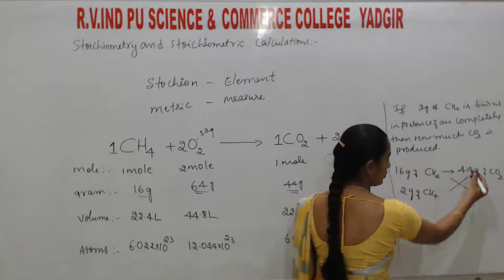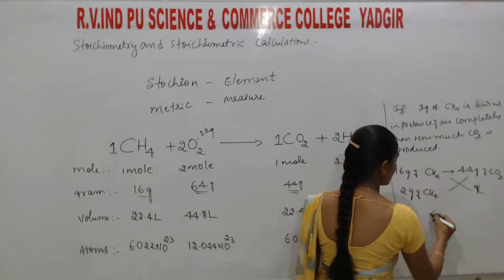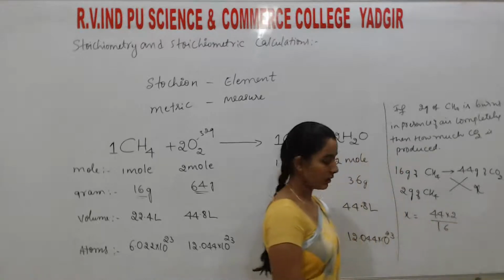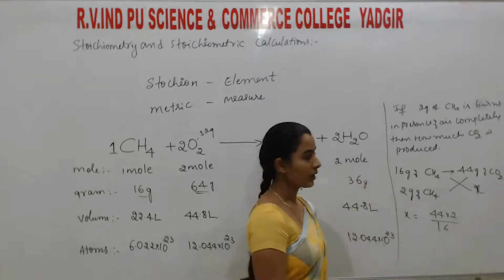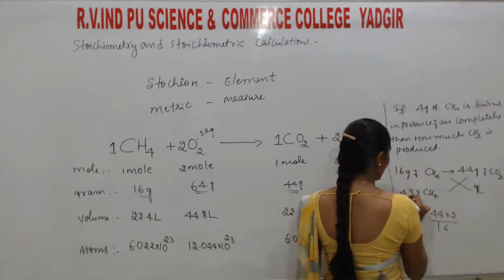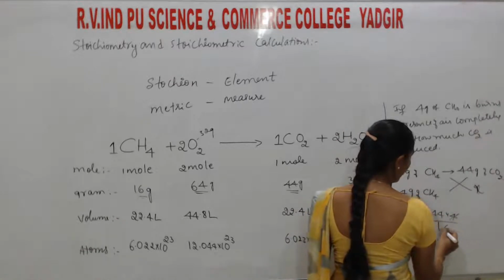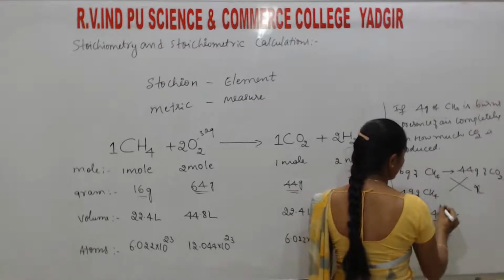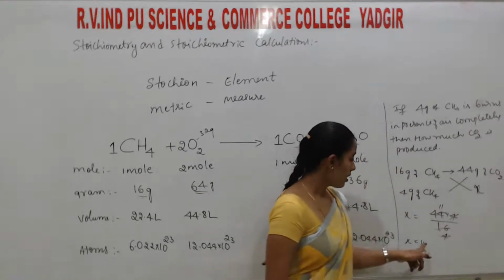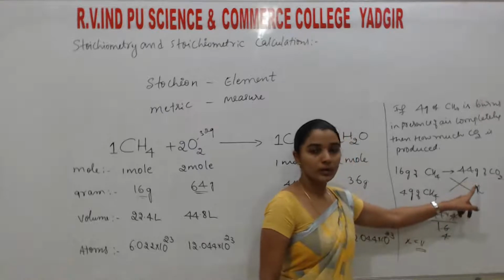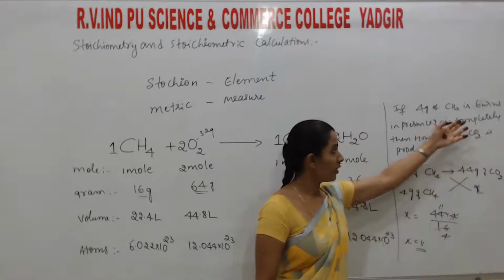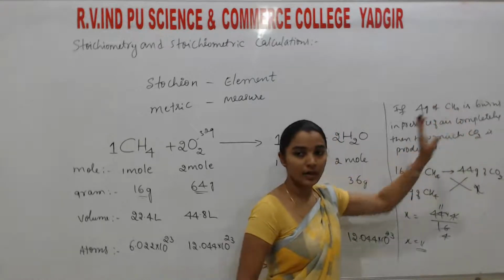These two multiplied, these two multiplied. x is 44 into 2 gram divided by 16. Then you get the value. Or you just take it as 4 gram because for calculation it seems easy. So 4 ones are 4, 4 elevens are 44, x is equal to 11. Means, listen, 11 gram of CO2 will be produced if 4 gram of CH4 undergoes complete combustion.